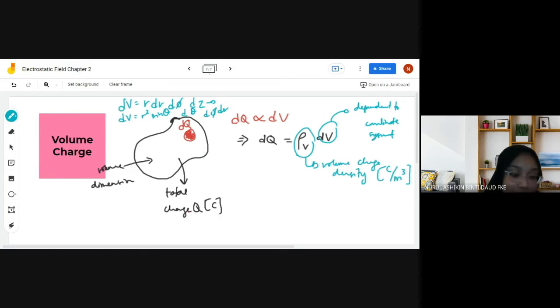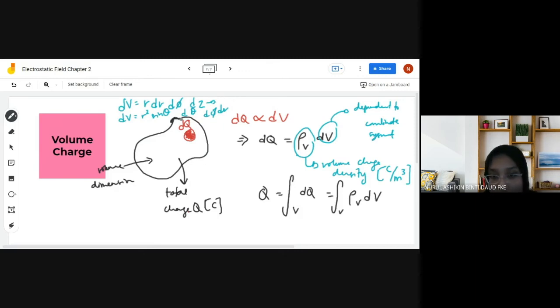For example, we want to find the total charge of this particular shape. In order to find the total charge, Q, the integral will be much more complex. There will be a triple integration: integral over V of dq, and dq is rho v dv. How to solve it depends on the structure of the shape.